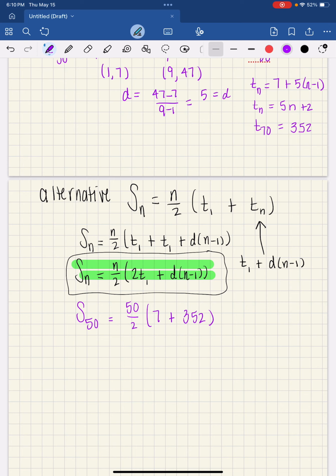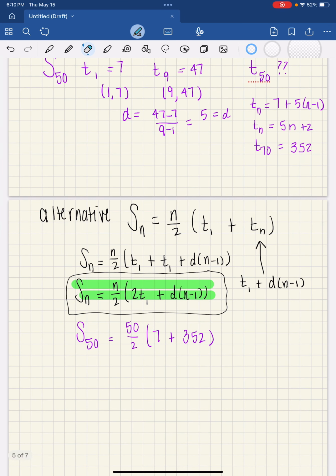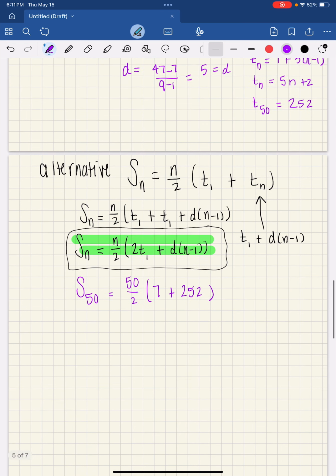I hope it's 352. It is not 352. Going way back, it's not 352. I did 70 instead of 50. So how about 252? Took me a while. So this should be 252. See, no one's here to correct me.